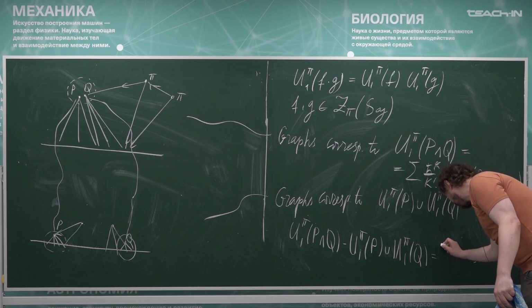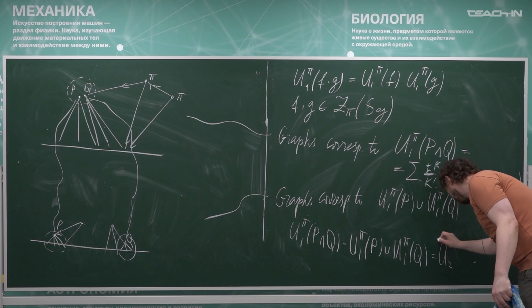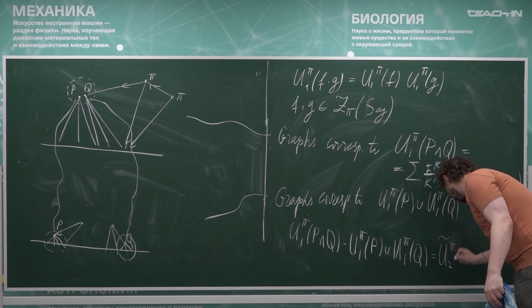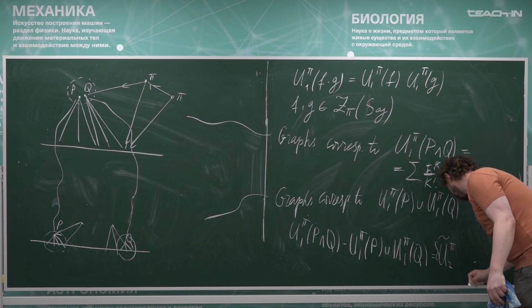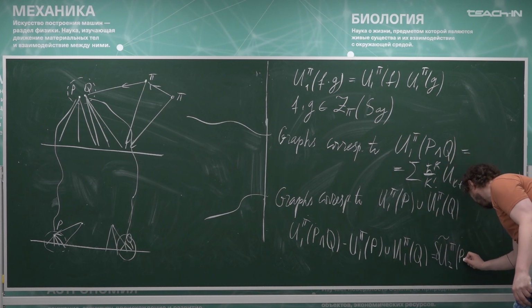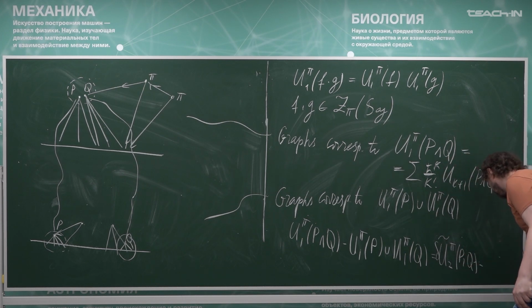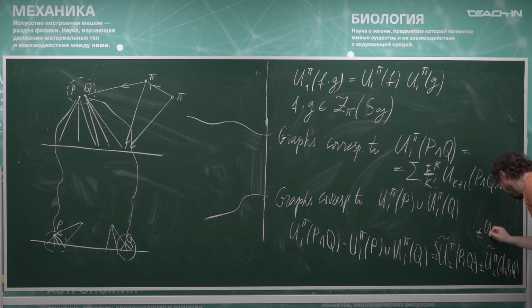It's some u2 tilde pi, delta u2 tilde pi of p comma q, minus u2 tilde pi of d pi p, q, plus minus u2 tilde pi of p, d pi q.